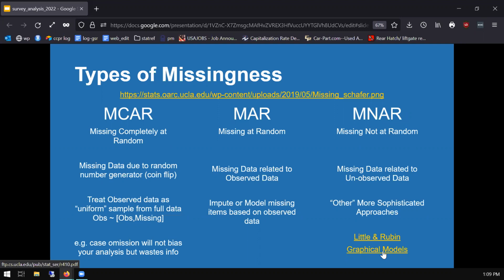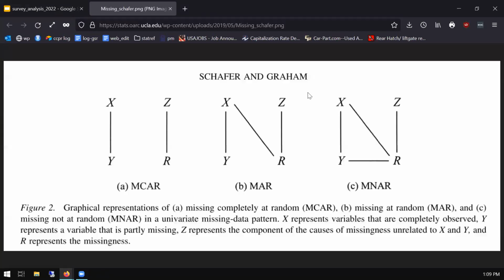These three scenarios help you figure out what you should do. Maybe the diagram makes more sense if you're a visual learner. This gets at that idea of ignorable. I'll pause and let people read this.